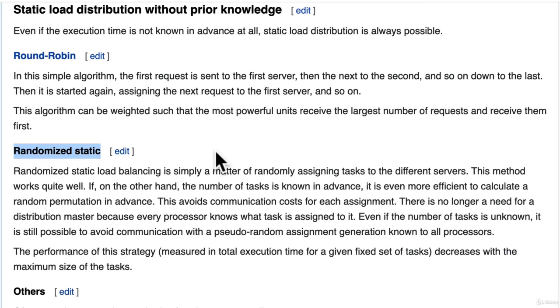Believe it or not, these ridiculously simple algorithms for deciding which process should handle a request are actually the most effective when you don't have really good knowledge about exactly how long a request will take to complete.